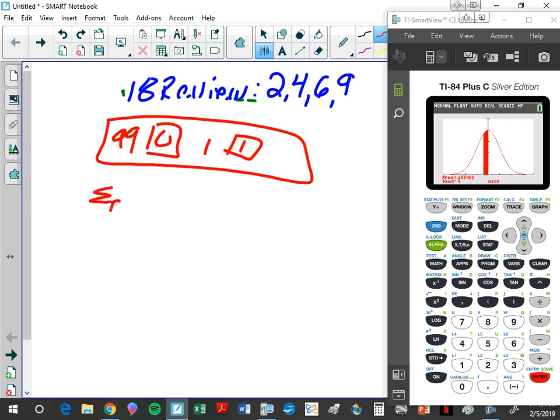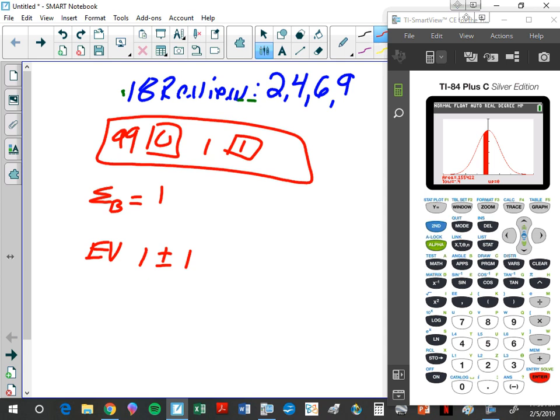What is the sum of the box? 1. And the sum of the box represents what happens when all of the tickets are drawn out. So if we draw 100 times, that's how many tickets are in the box, we expect our sum to be 1. Okay? And it says my expected value is 1 plus or minus 1.